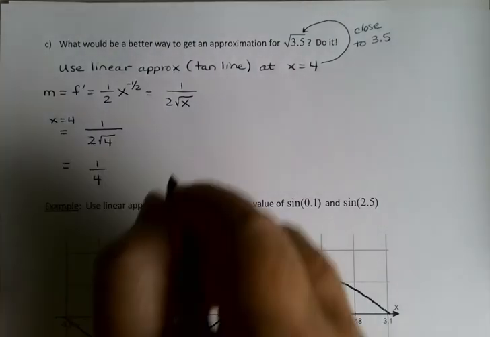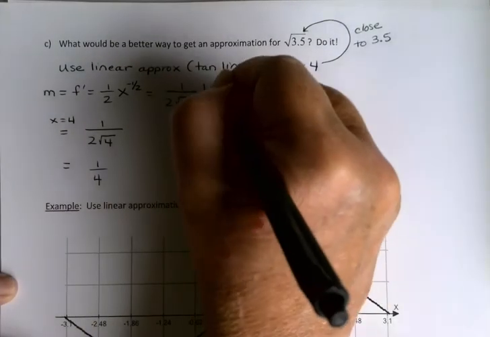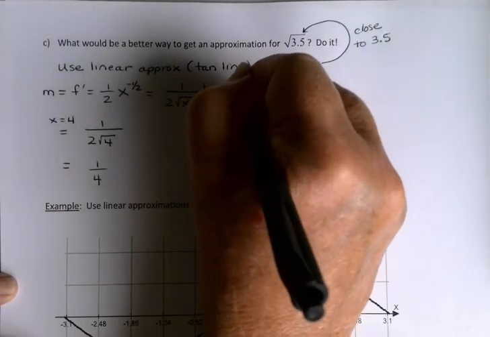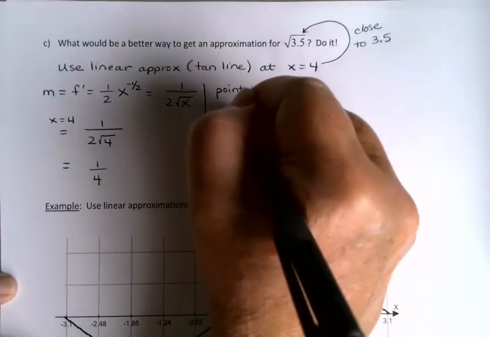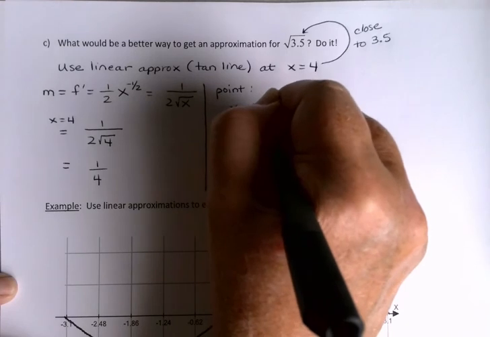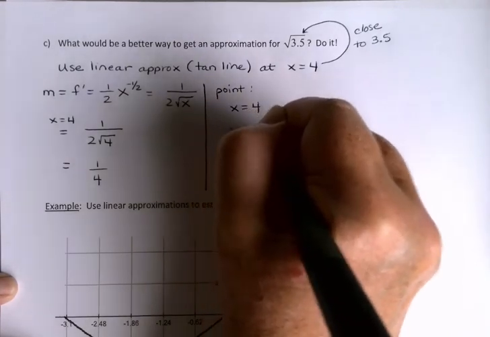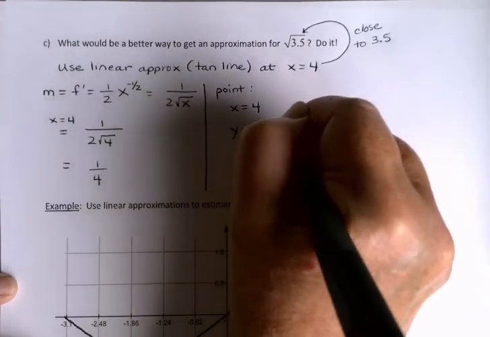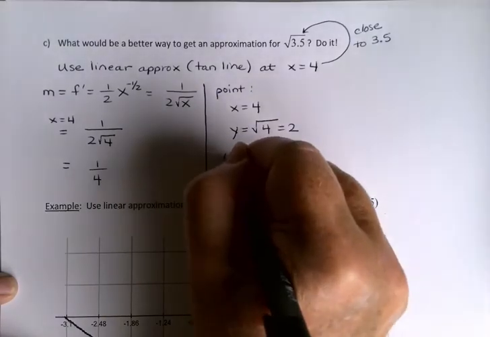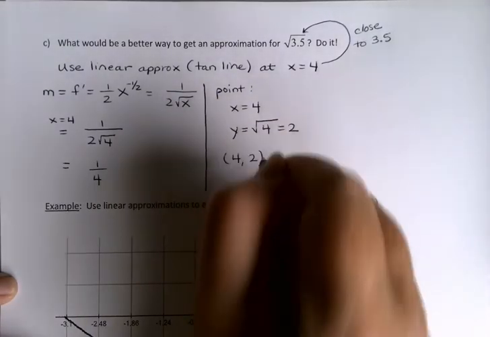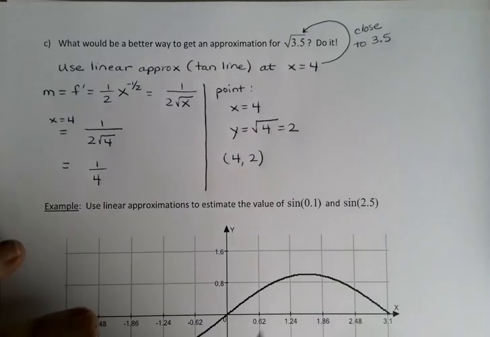So there's my slope. My point, they gave me x equals 4. Y is the square root of x, so the square root of 4 or 2. And my point is 4, 2.